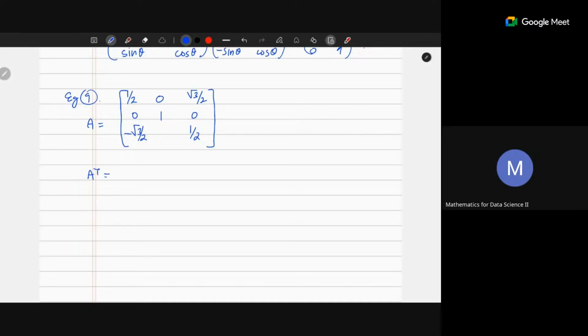So what is A transpose? A transpose is half, 0, minus root 3 by 2, 0, root 3 by 2, right? And if you multiply A with A transpose, what will you get?